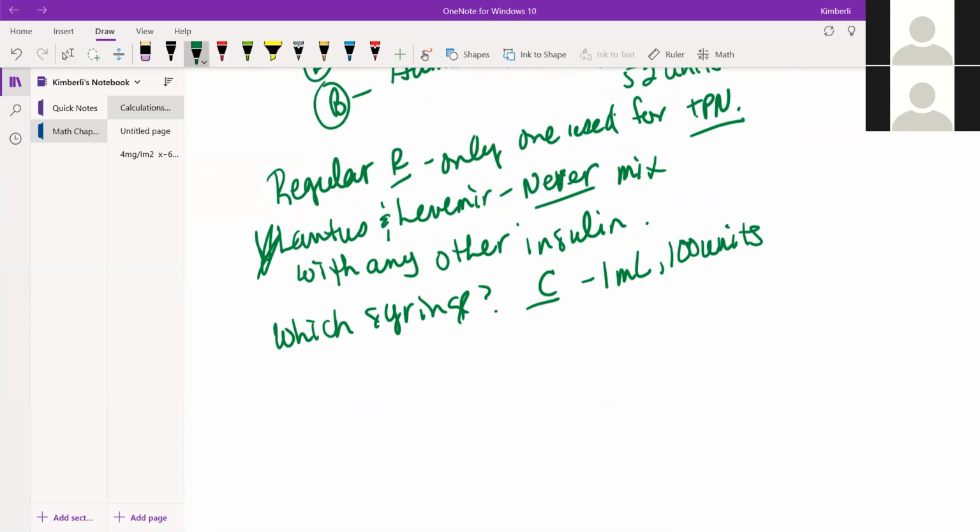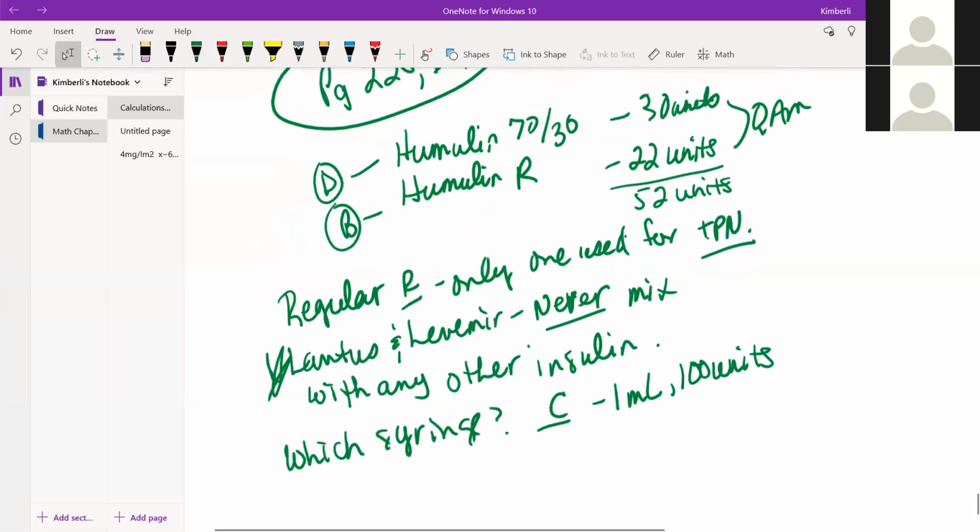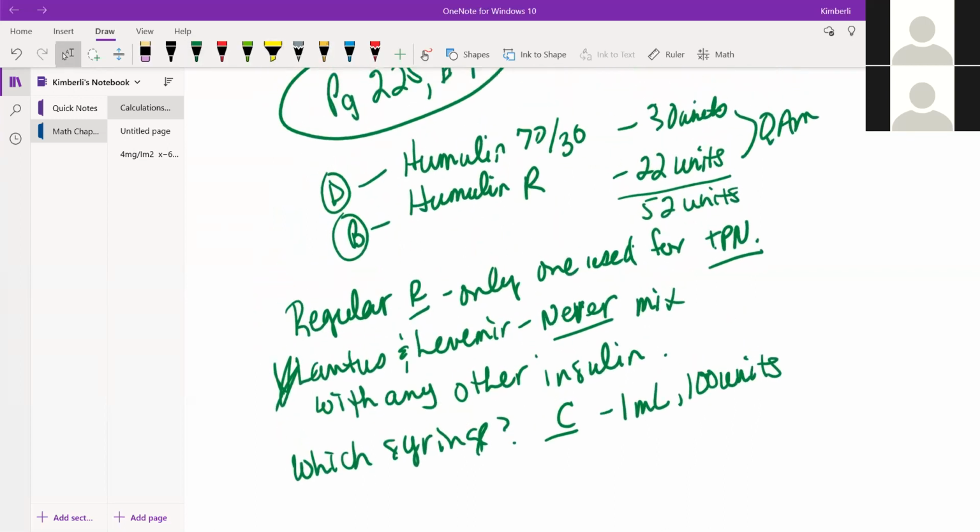We want 52. 70/30 means that in each dose of this insulin, 70% is NPH insulin and 30% is regular insulin. So how many units of regular insulin would the patient receive per day? Well, we already know here that they're getting 22 units, right?